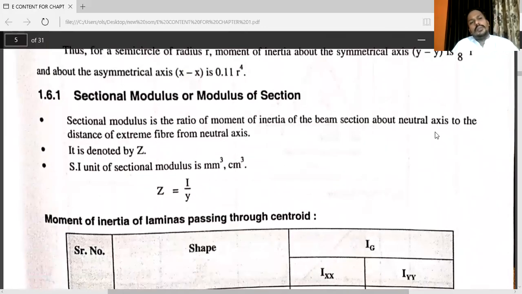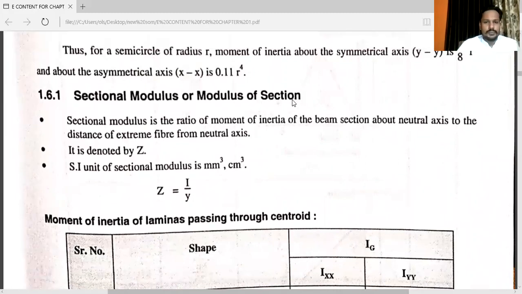One more important point required for this chapter is the section modulus, or the modulus of section. The section modulus is the ratio of moment of inertia of a beam section about the neutral axis to the distance of the extreme fiber from the neutral axis.